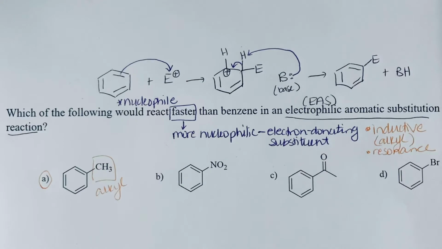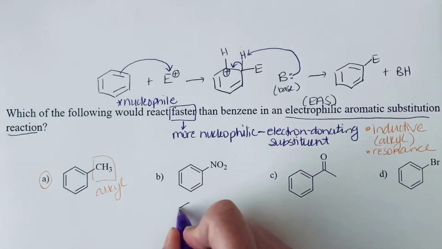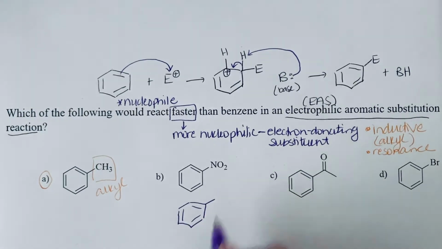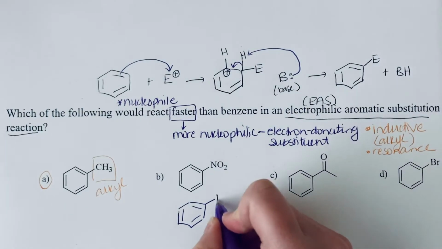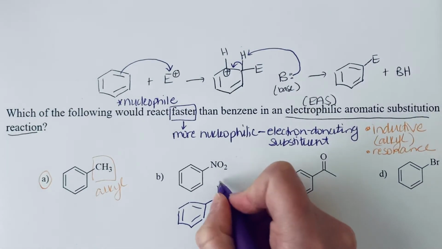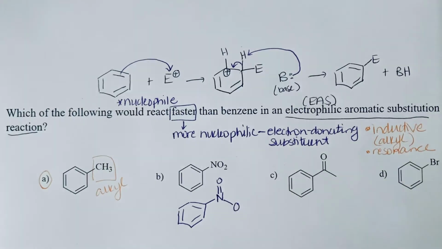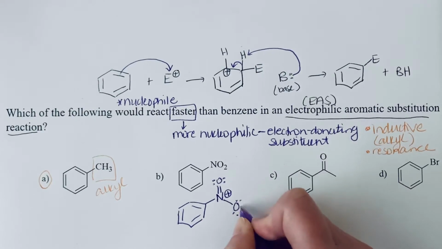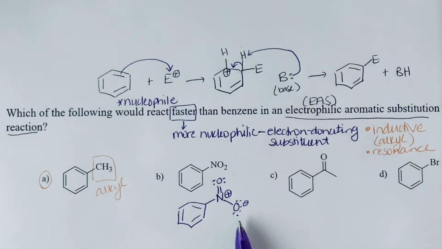But I think we should look at all the rest of the substituents. So if we look at B here, this nitro group, we should draw out the structure of the nitro group so that we don't mistakenly think that there's a lone pair of electrons on the nitrogen. So when we draw this, we have a double bond to one oxygen and a single bond to the other, which actually puts a positive charge on the nitrogen. And of course, you can draw the resonance within your nitro group.